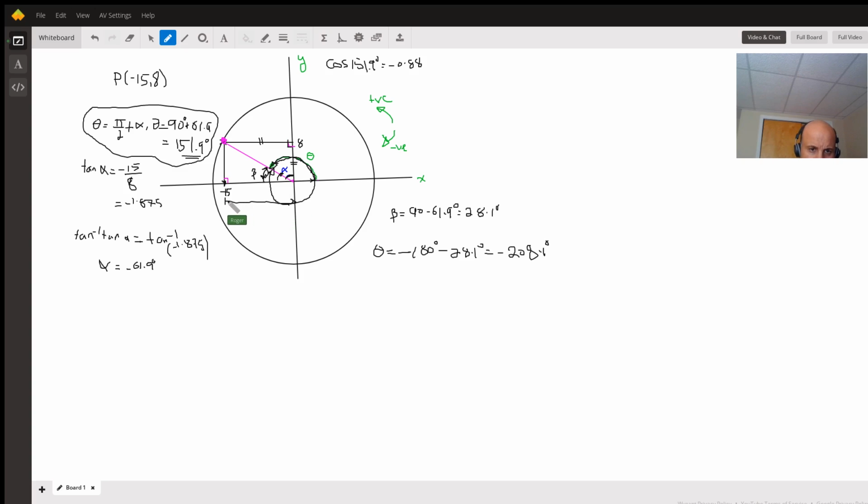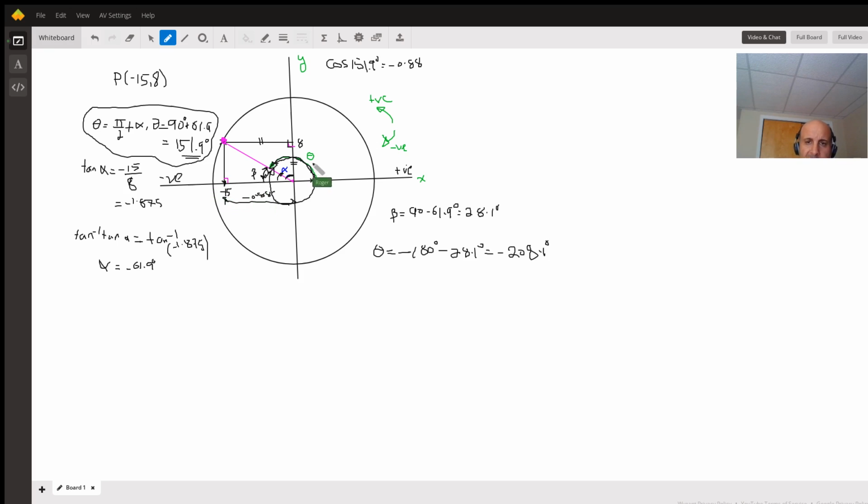So this is minus 0.88. Now, why is it negative? Because this quadrant here has a negative sign for the horizontal projection, and this quadrant here has a positive sign for the horizontal projection.